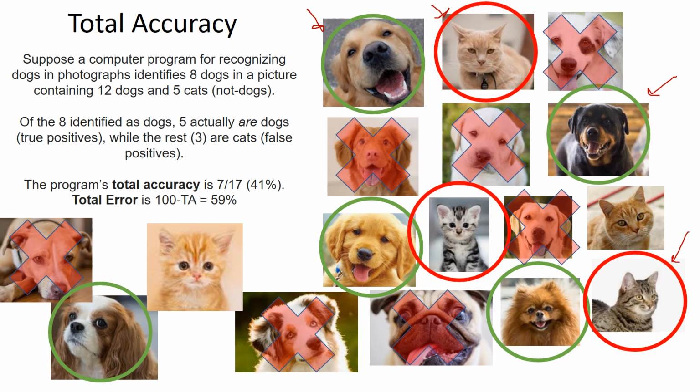You can see that it's made some mistakes, right? We found 5 different things that are dogs. Those are given in the green circles. But we've also decided that these 3 other things in circles are also dogs, when in fact those are cats.